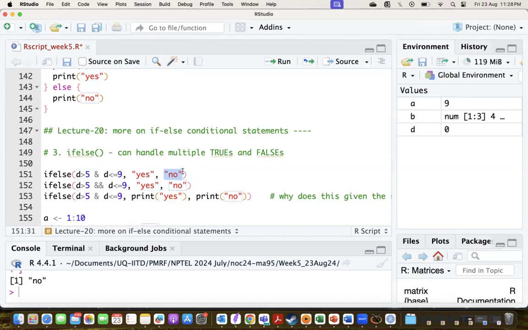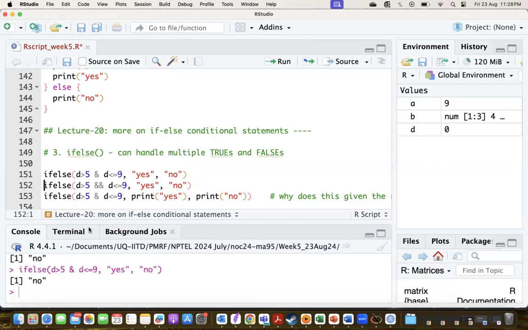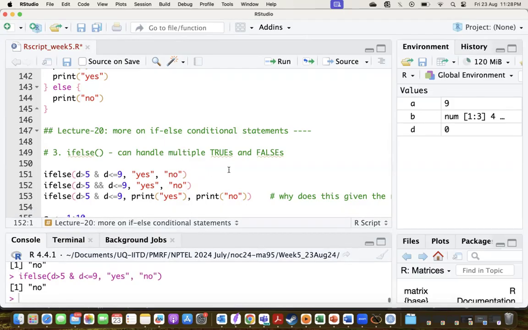And the third argument is what to print when it's false. Okay. So again, if d was 0 here, then it gives us no as the output, because we just saw that this is false, this is true, so the whole thing is false.